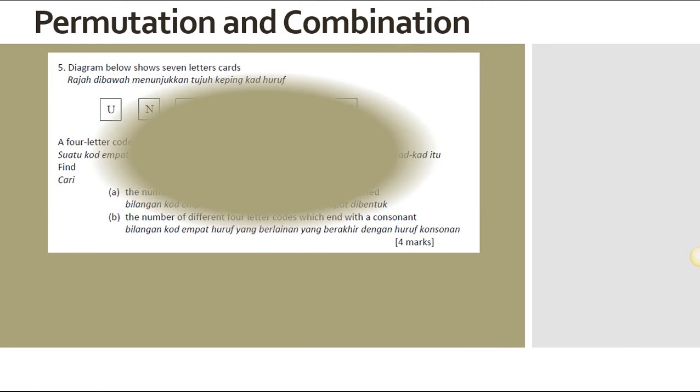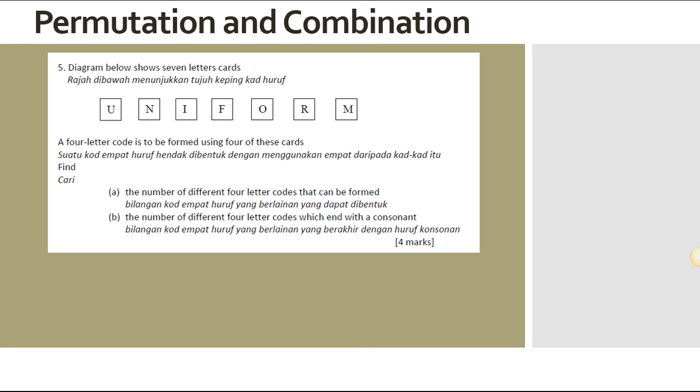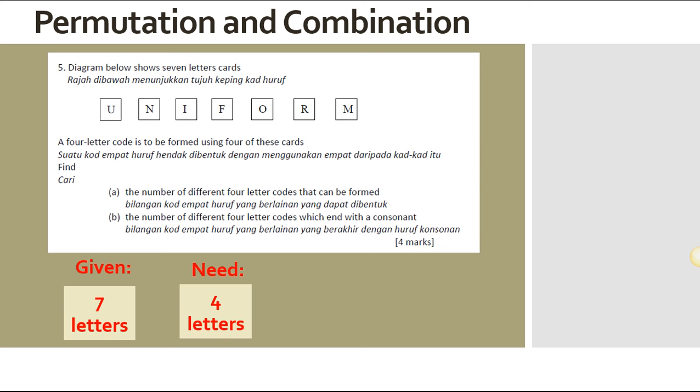Fifth question. The diagram below shows 7 letter cards. A 4-letter code is to be formed using 4 of these cards. Find the number of different 4-letter codes that can be formed. Altogether there are 7 cards, but you need 4 letters.